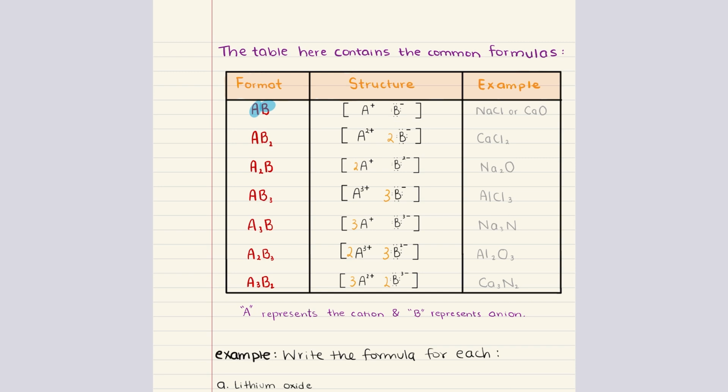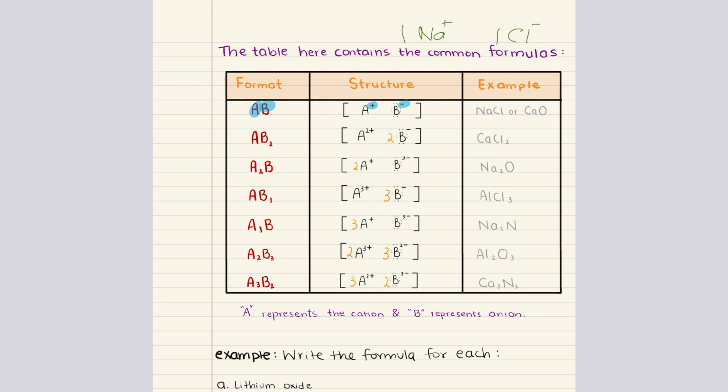For example, when a +1 cation pairs with a -1 anion, the ratio is 1-to-1. For example, if sodium, which has a charge of +1, pairs with a chlorine, which forms a -1 anion, you only need one of each ion to pair up and create a neutral ionic compound.